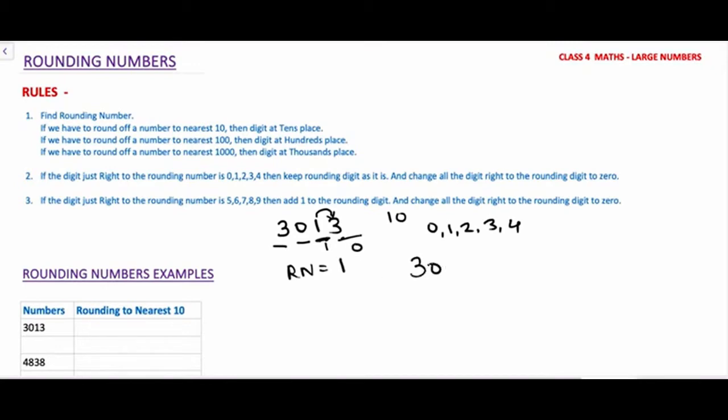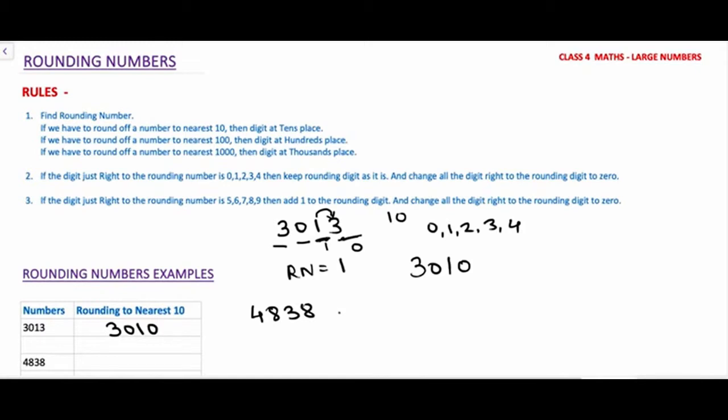So 1 is the rounding number, it will remain 1 and the 3 will turn to 0. So 3013 is rounded off to 3010.